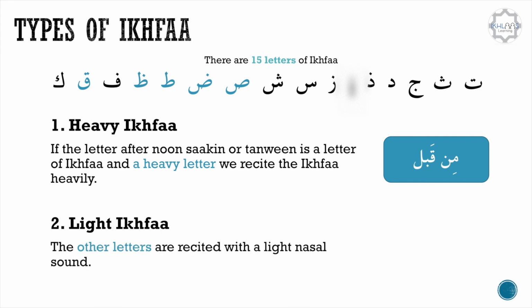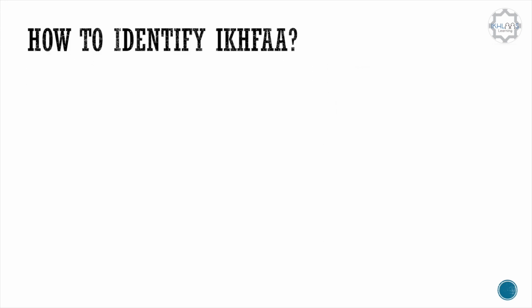Light Ikhfa is where the other letters are recited with a light nasal sound. For example, Min Ju, where we can hear that the Noon has a light nasal sound. So how do we identify Ikhfa? Step 1, find Noon Saakin or Tanween.